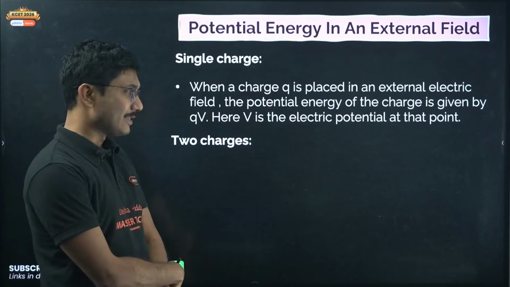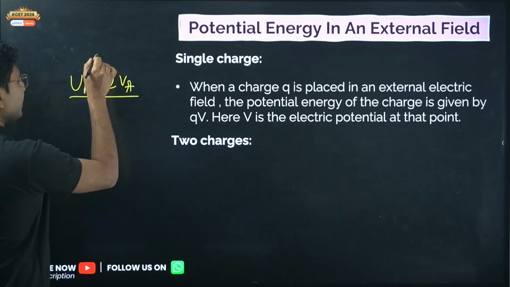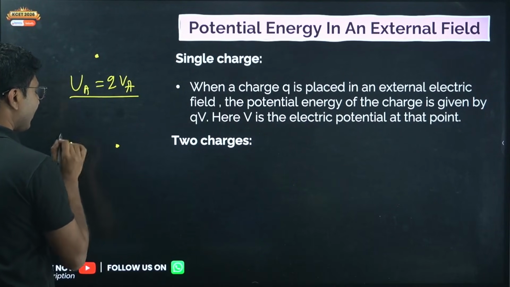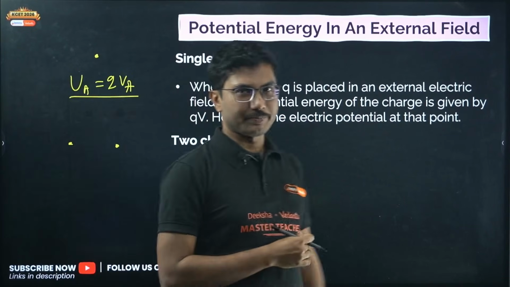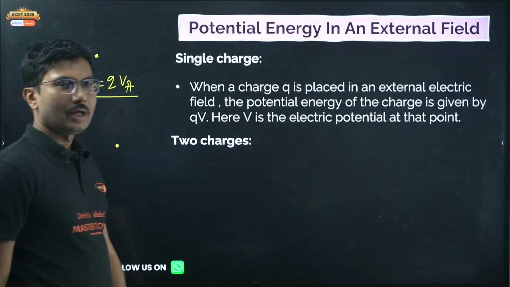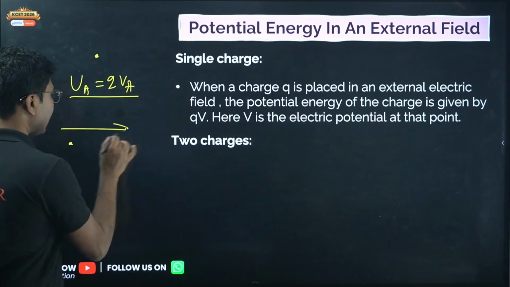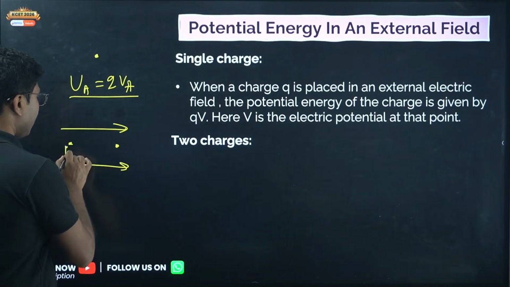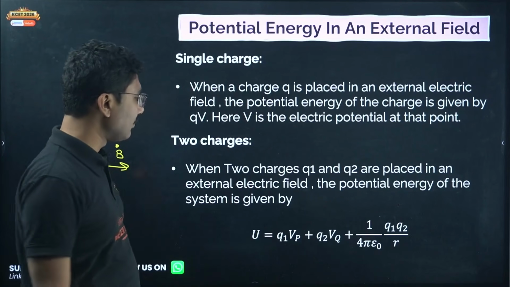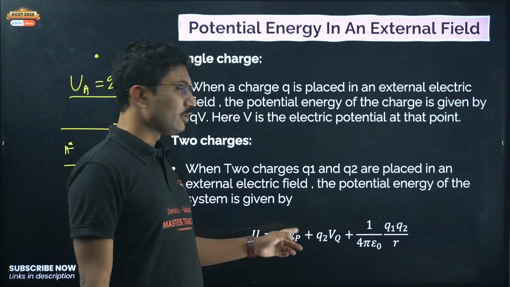Okay, now it is for one charge. Now if there are two charges, how can we calculate the potential energy of this system? There is a possibility that only two charges are there. There is a possibility that two charges and an external field are also there. So two charges and an external field: the potential energy will be given by Q1 into Vp.